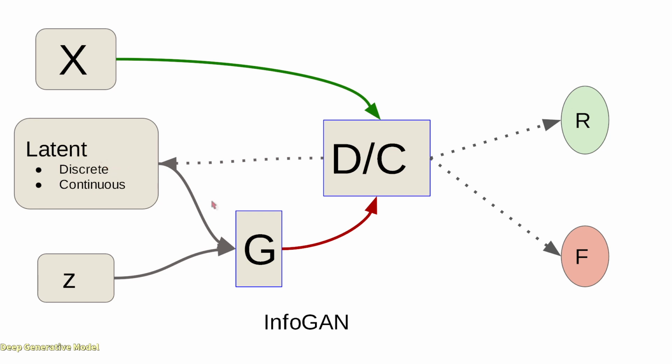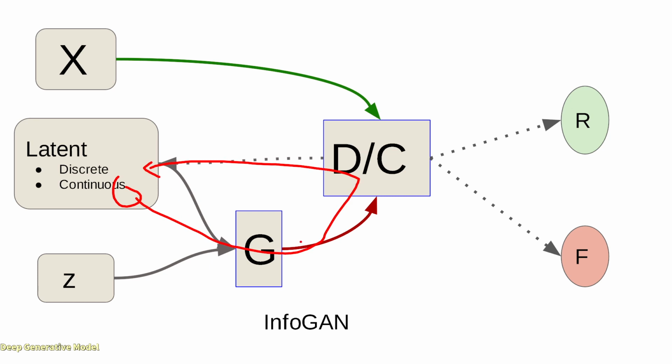By using the generator to generate an image and using the classifier to recover the information of the latent, it basically ensures that the information from here passes through to the image and passes through here and back here without losing anything.